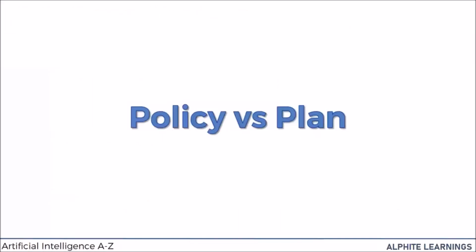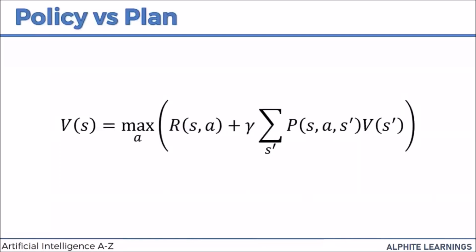Okay, so we'll move on to the next thing, which is: what is the difference between the policy and the plan? We have just rebuilt the Bellman equation by adding in Markov decision processes, so we have a new equation to solve, to get the value of the corresponding state.